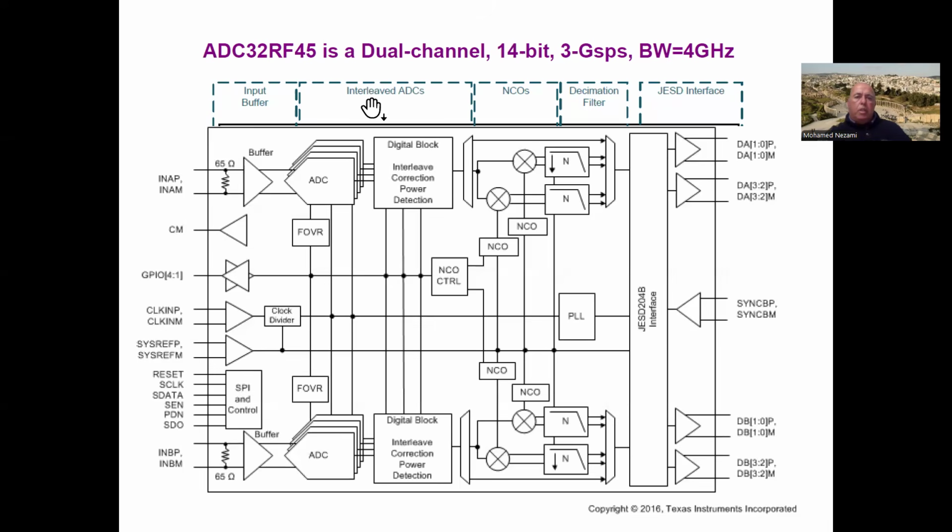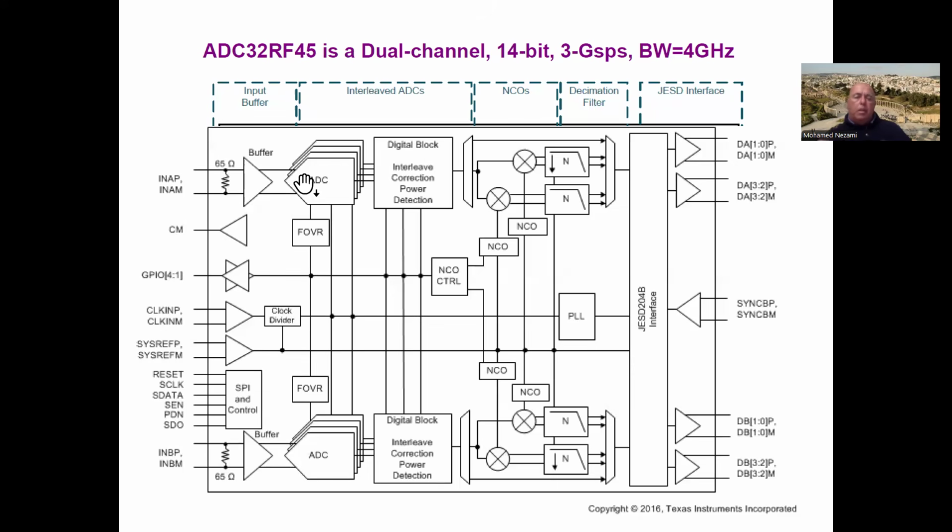The sections are divided like this. The first thing is, of course, the array of ADCs, the analog to digital conversion. Before that, we've got some kind of analog interface, which is usually differential.